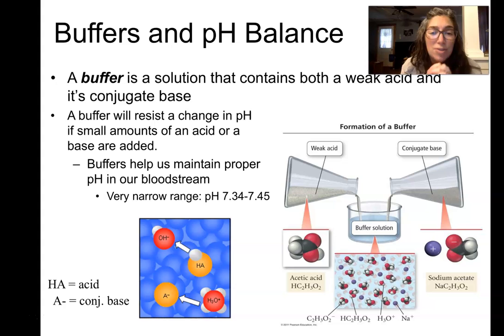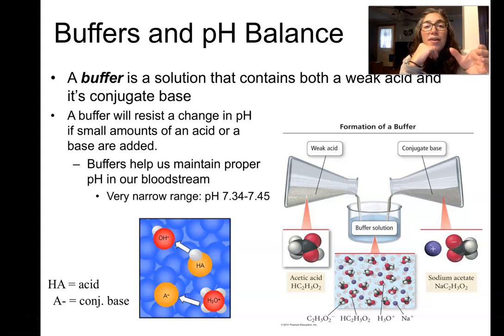So buffers are neat because if you have a beaker of water and you add just a single drop of acid to it, like a strong acid, like hydrochloric acid, the pH will drop a lot, like significantly. Like it'll go from neutral 7 down to like 2 from that one drop of concentrated acid.